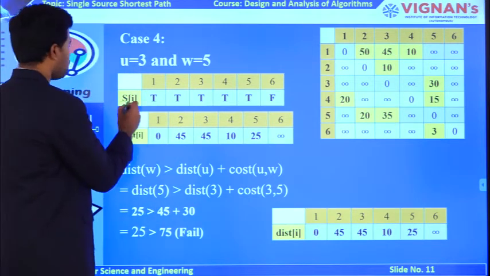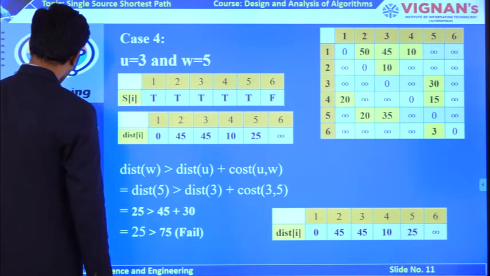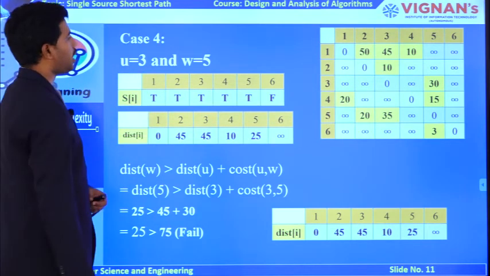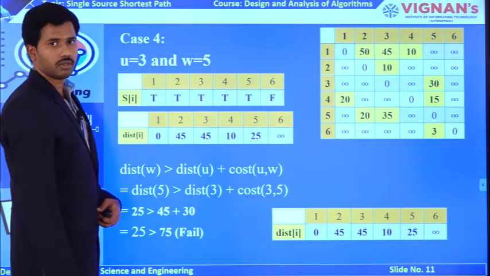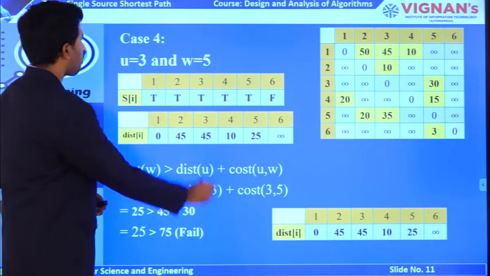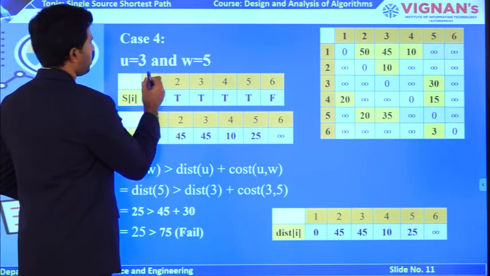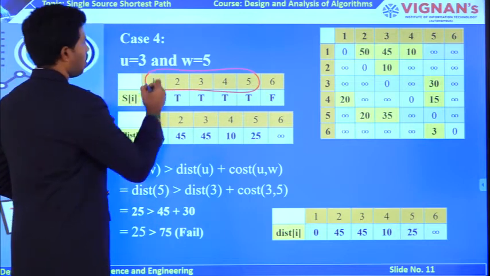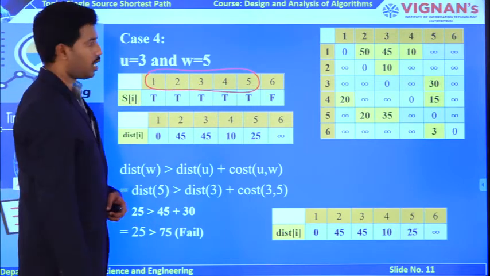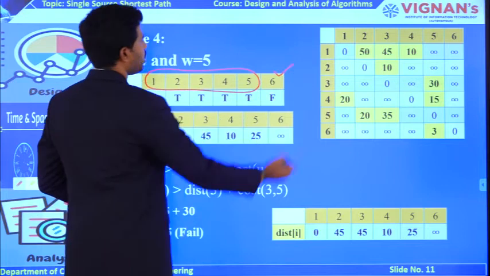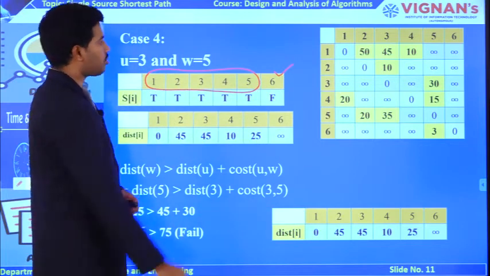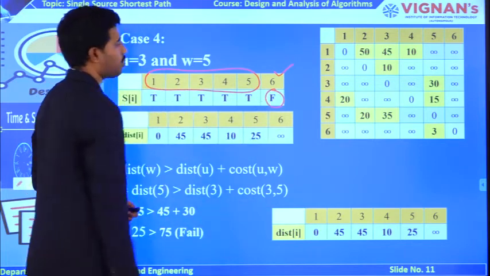Based on this solution vector S of i, you can verify whether there are any vertices not yet visited. The vertices from 1 to 5 are already visited, and only the 6th vertex is not visited. That's why I am visiting this one now, because its value is false.